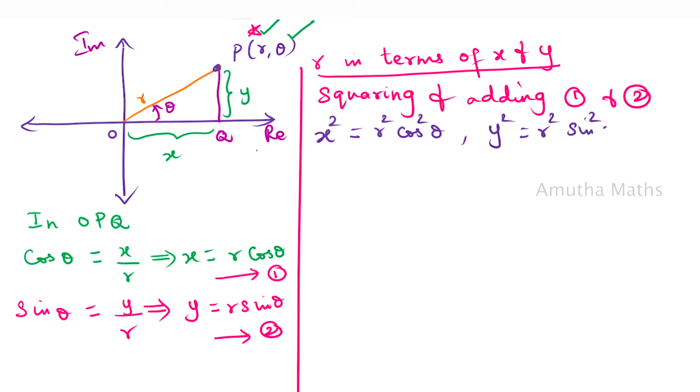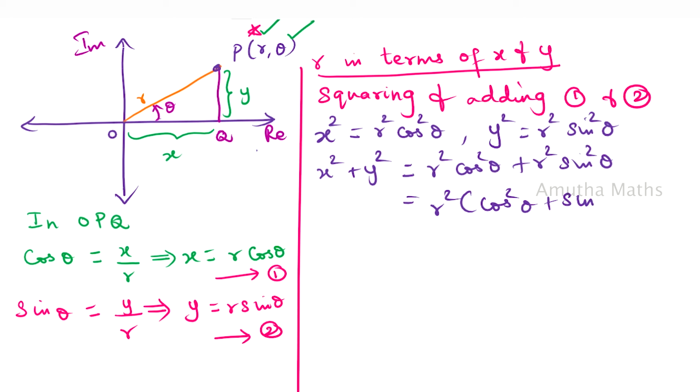If you add these two, x square plus y square is equal to r square cos square theta plus r square sin square theta, which is r square into cos square theta plus sin square theta. Cos square theta plus sin square theta is 1, so that is equal to r square. Therefore x square plus y square is equal to r square.